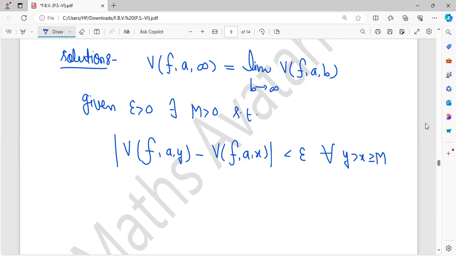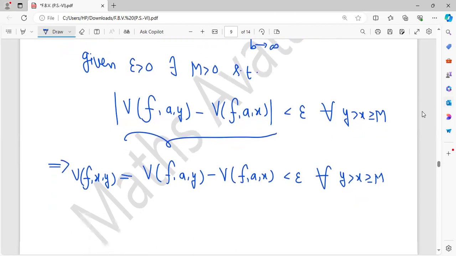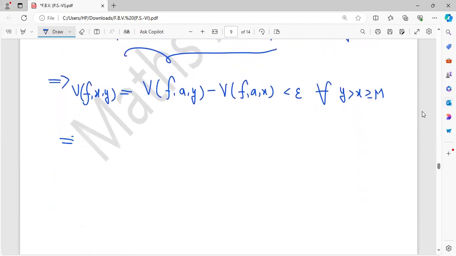Okay. But this is a positive function. This implies V f [a, y] minus V f [a, x] is less than epsilon for all y greater than x. What is this? This is nothing but V f [x, y]. So this implies V f [x, y] is less than epsilon for all y greater than x.